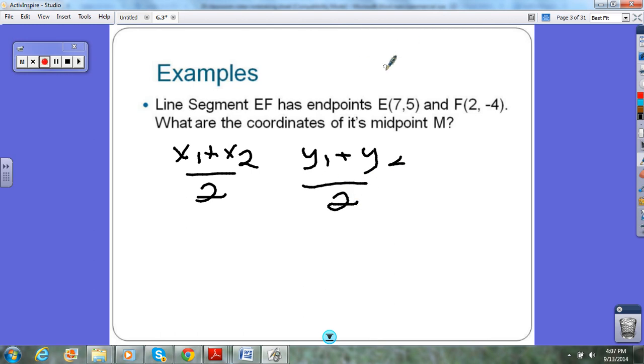So we can go through and label our points. We'll say 7 is going to be my x1. That means 5 has to be my y1. If 2 will be my x2, -4 will have to be my y2. We can substitute those values in.